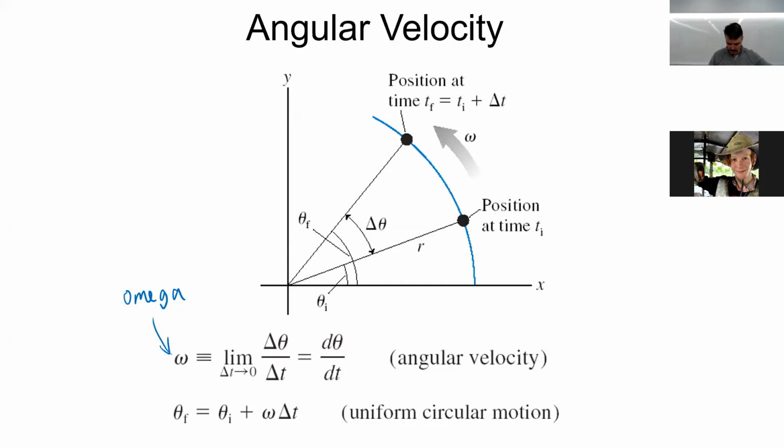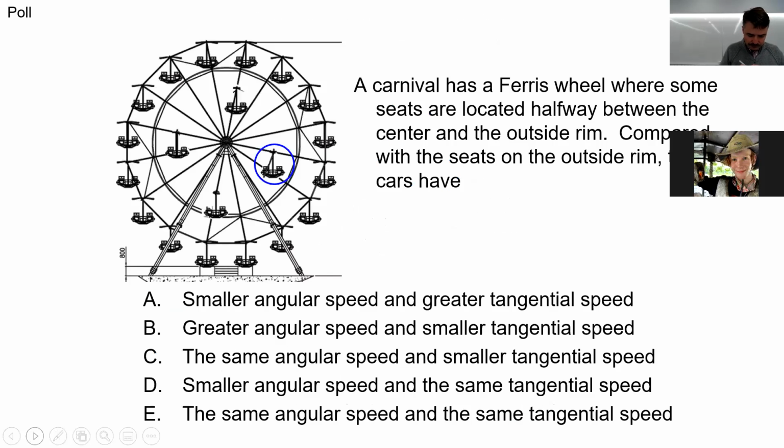Okay, we're pretty well. Let's do a little poll on this. A carnival has a Ferris wheel where some seats are located halfway between the center and the outside rim. Compared with seats on the outside rim, the inner cars have a smaller angular speed and greater tangential speed.